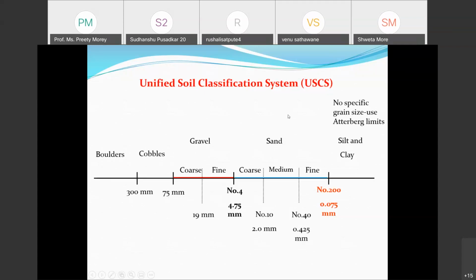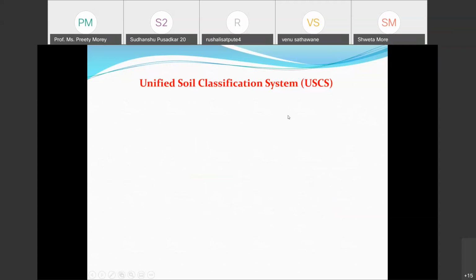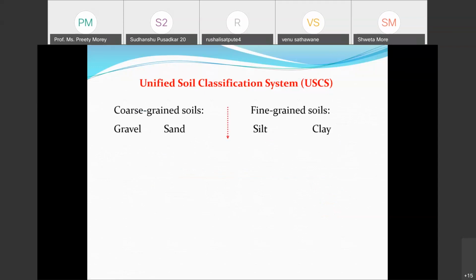For identifying silt and clay, we will do Atterberg limits. Once I distinguish between coarse grained soil and fine grained soil at 75 micron, then whether the coarse grained soil is gravel or sand, and whether the fine grained soil is silt or clay.